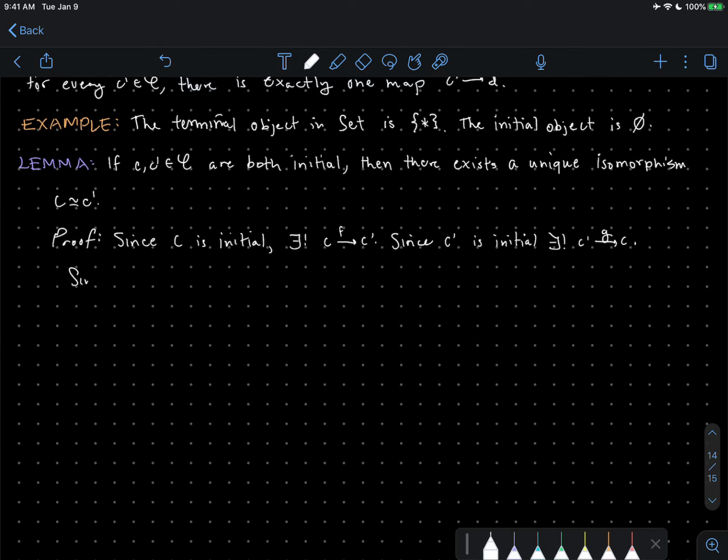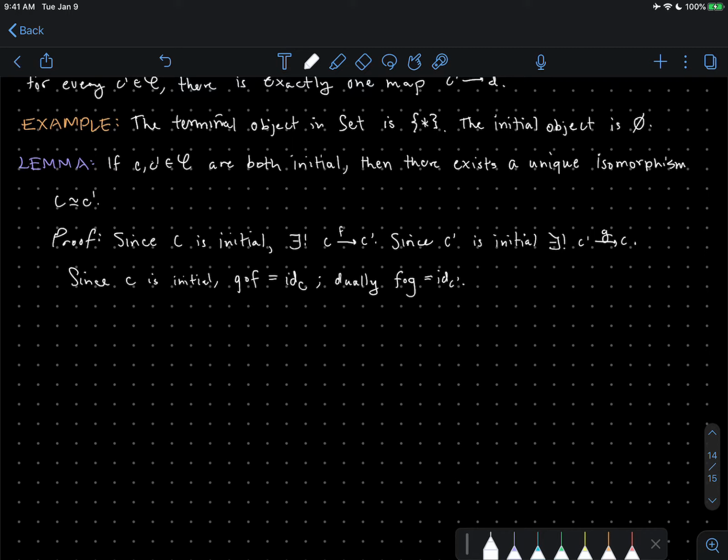Again, since c is initial, g composed with f must be equal to the identity on c. And dually, f composed with g must be equal to the identity on c prime.